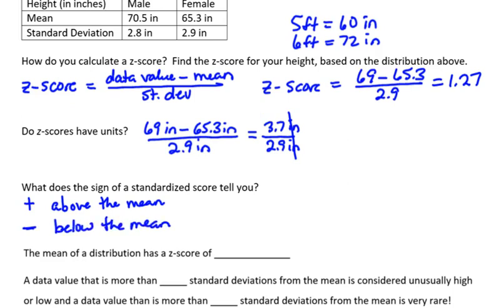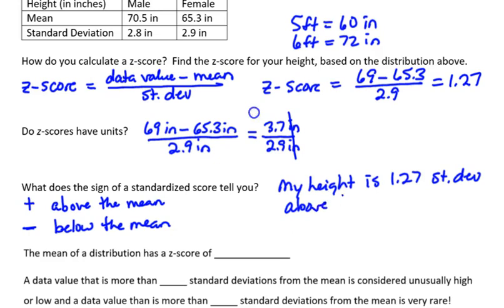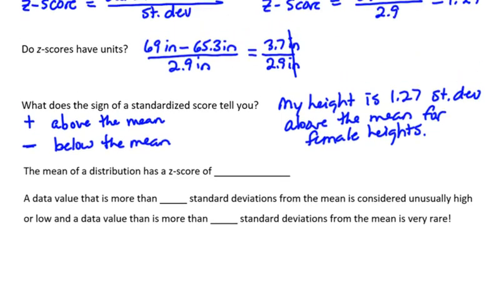So I would interpret my value as: my height is 1.27 standard deviations above the mean for female heights. So I'm taller than average. If you had a negative z-score, it means you are shorter than average. And the larger the z-score, the farther away from average you are, either in the positive or negative direction.